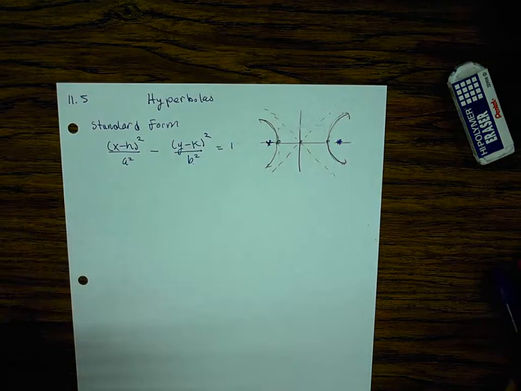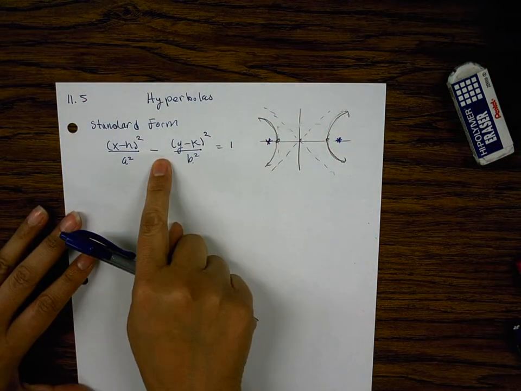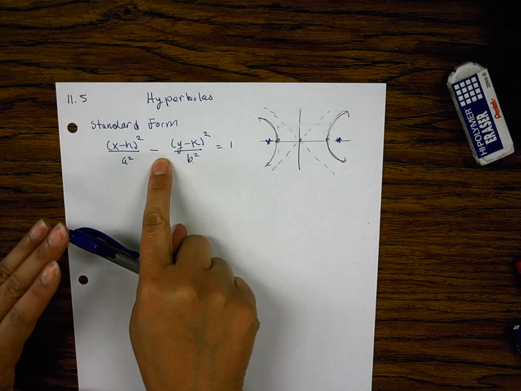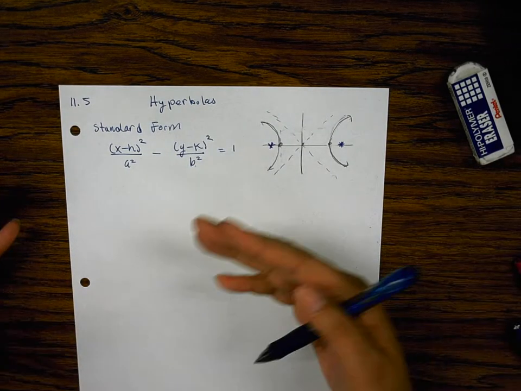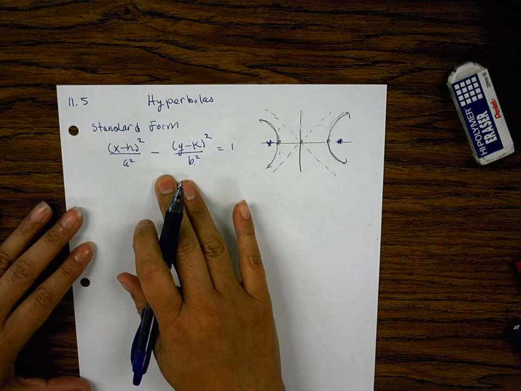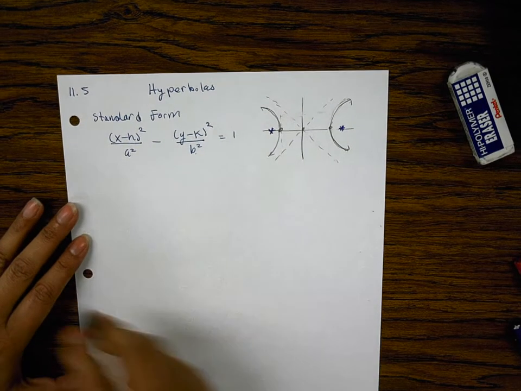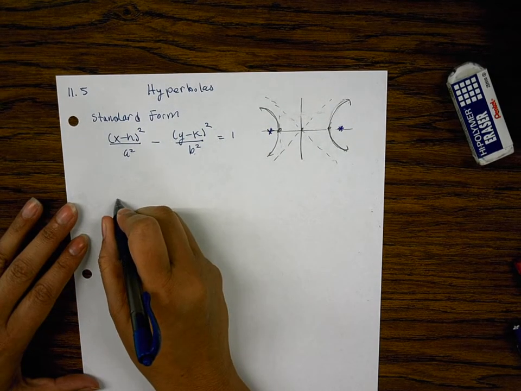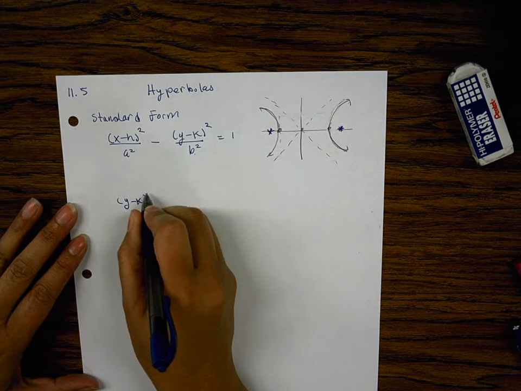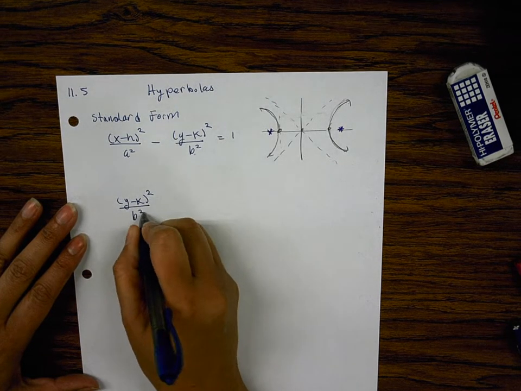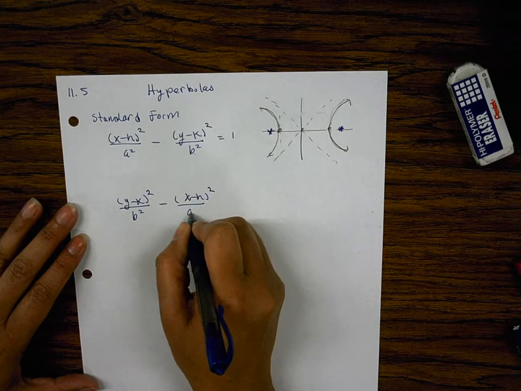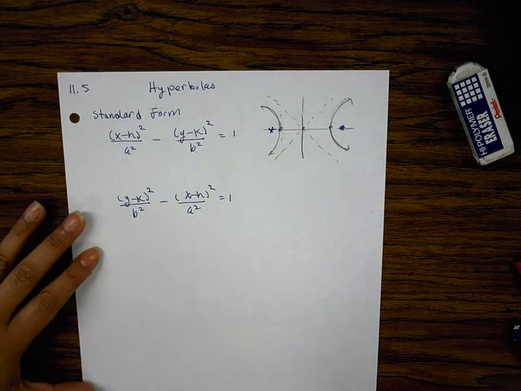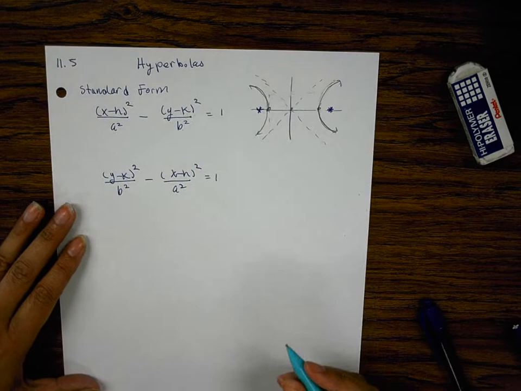Now, because subtraction is not commutative, addition is. So with an ellipse, it doesn't matter if it's x squared plus y squared or y squared plus x squared, because addition is commutative. Subtraction is not. So if I were to flip it and do y minus k quantity squared over b squared minus x minus h quantity squared over a squared equals 1, I will end up with a different shape.